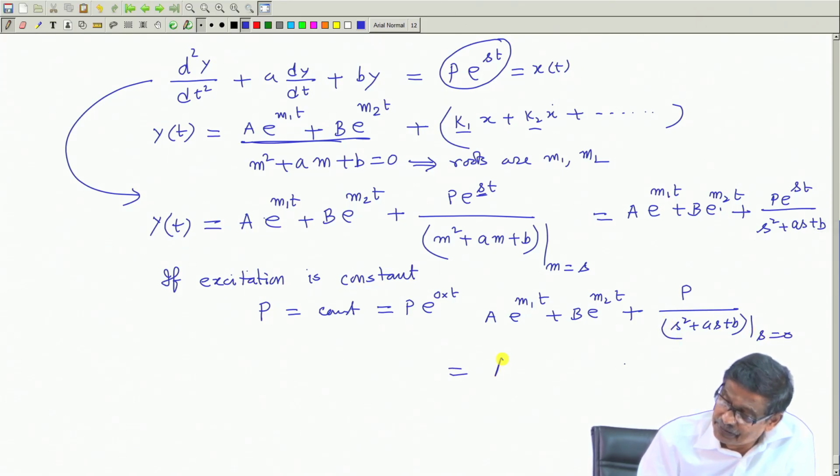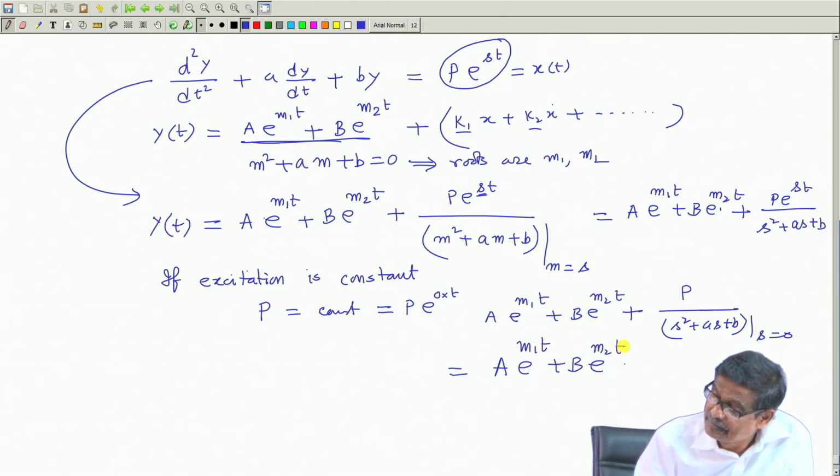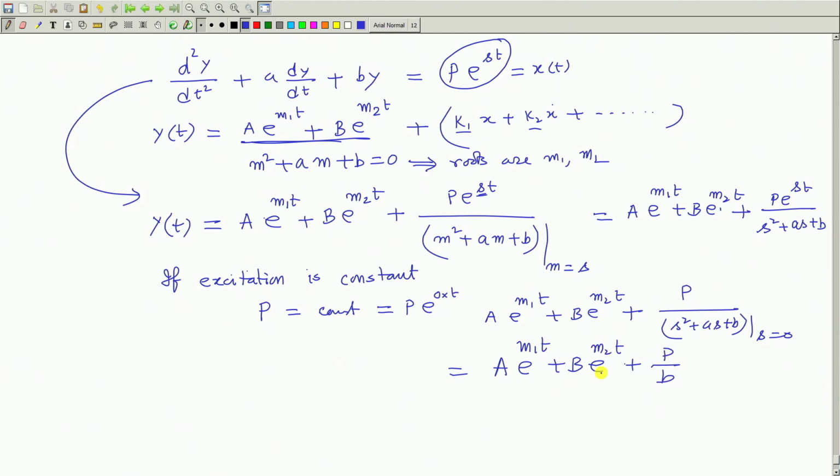That is equal to a into e to the power m 1 t plus b into e to the power m 2 t plus p by b. If the right hand side is constant, then the solution due to forcing function will be simply p by b.